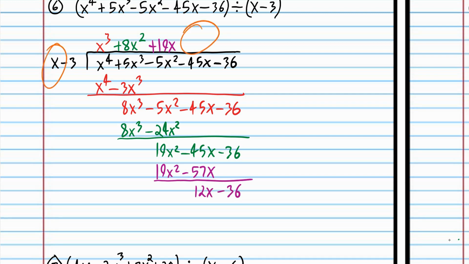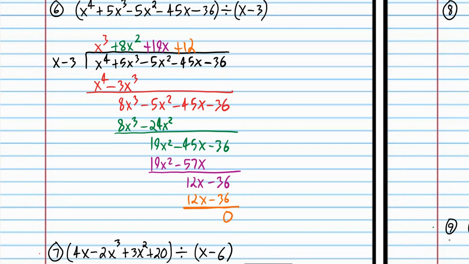X times what number is equal to 12x? And the answer is 12, obviously. Step 2, we multiply 12 by the divisor, and we get 12x minus 36. And last step, we subtract, and we get 0. So there's no more numbers to subtract from up here.